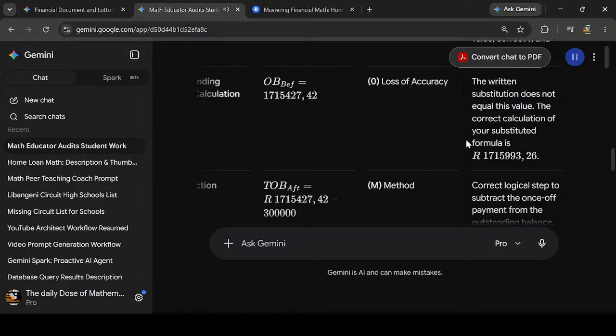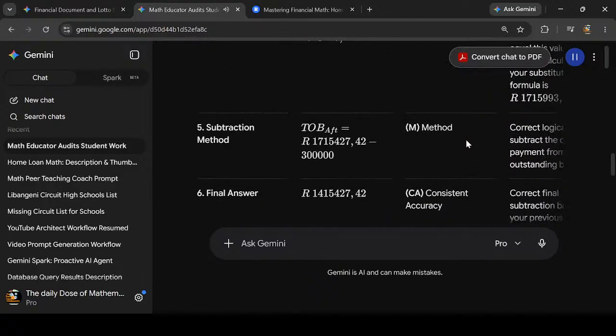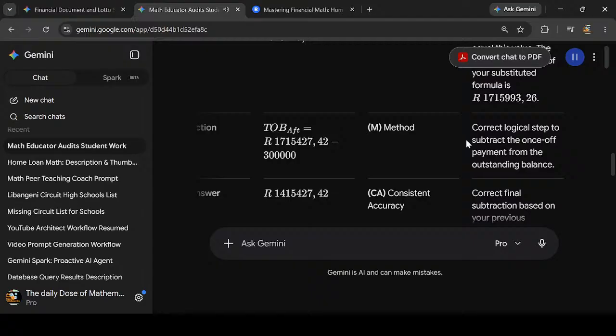The correct calculation of your substituted formula is R1,715,993.26. Step 5, subtraction: OB after equals R1,715,427.42 minus R300,000. Method: correct logical step to subtract the once-off payment from the outstanding balance.